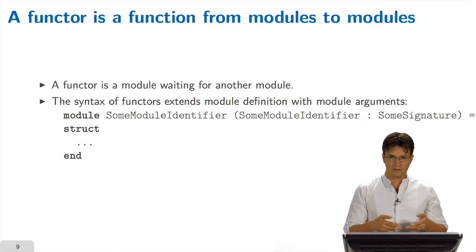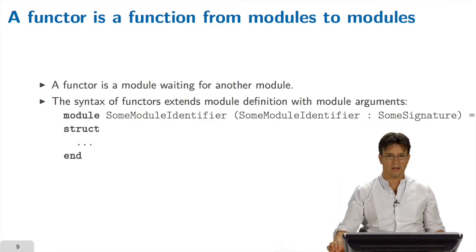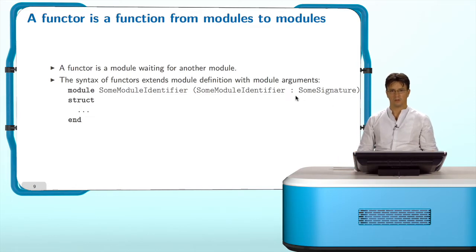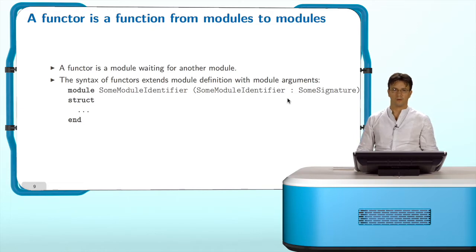You start with standard syntax for module definition, and you just add after the identifier as an argument the module that you are expecting. This module must be constrained by some signature. In that case, OCaml is unable to infer the type of the module of a functor argument.